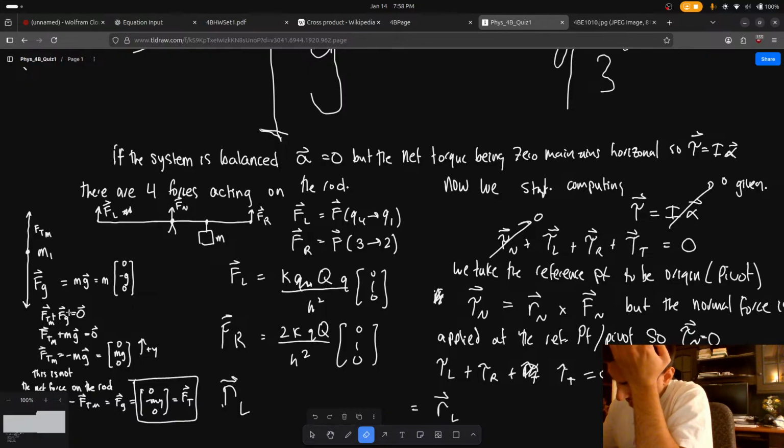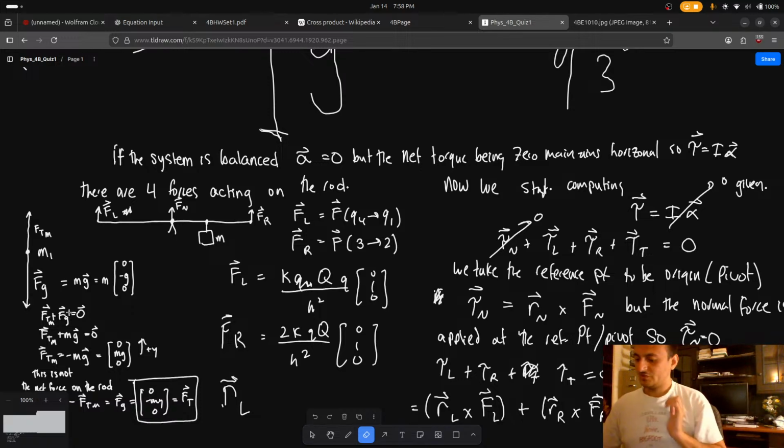You do RL cross FL plus RR cross FR plus RT cross FT equals 0.